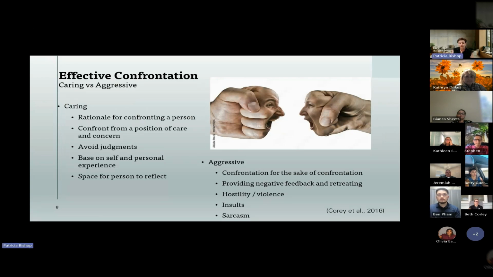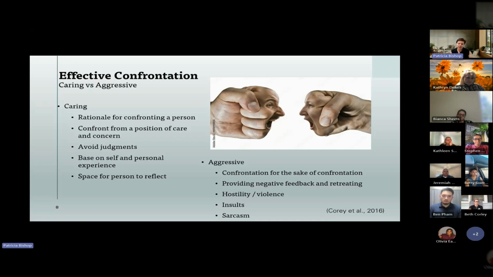Okay, so effective confrontation, right? And this is really the heart and soul of this particular stage of group, right? This is caring versus being aggressive, right? When you are able, as the group leader and a group member, to show care and concern for the person sitting in that group with you, it really does encourage people to wrestle with things that are uncomfortable.